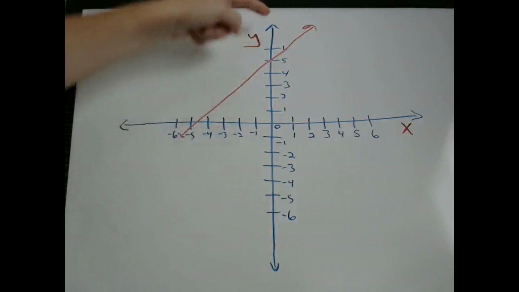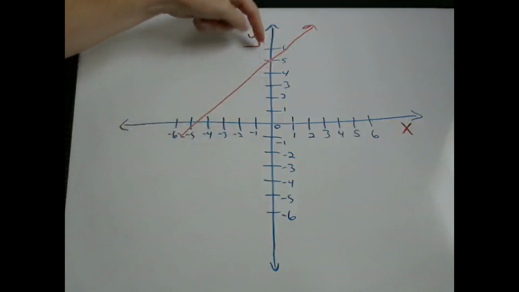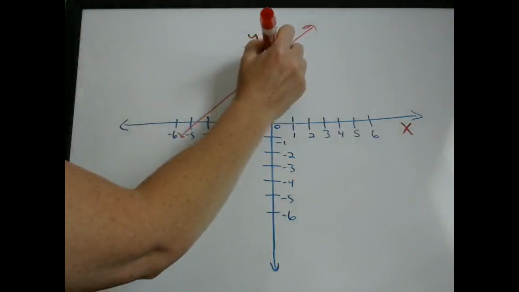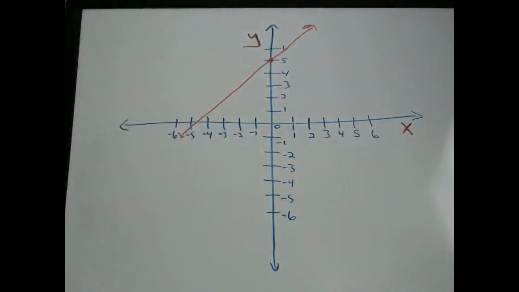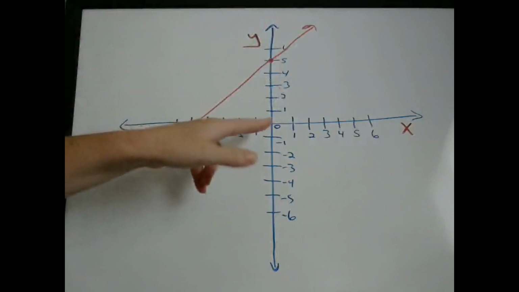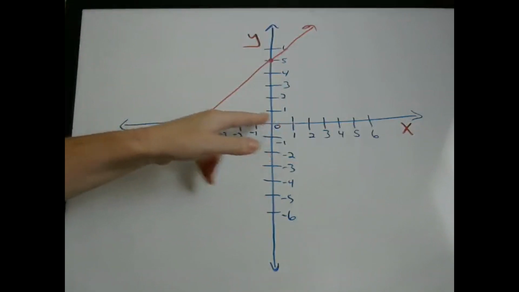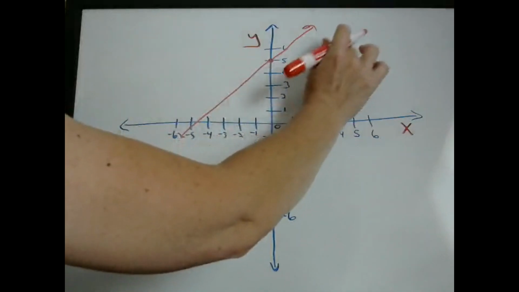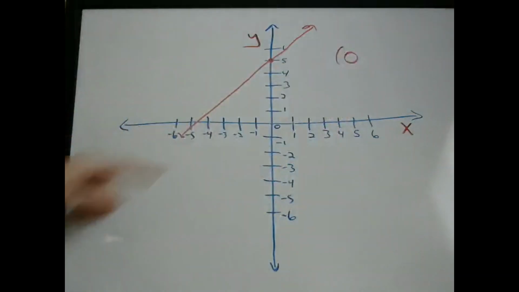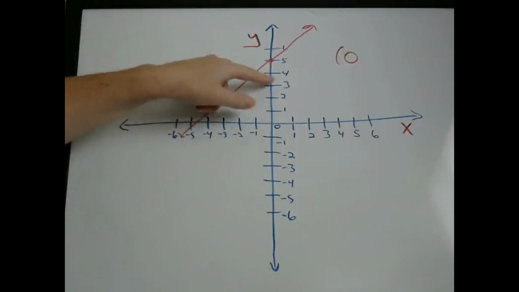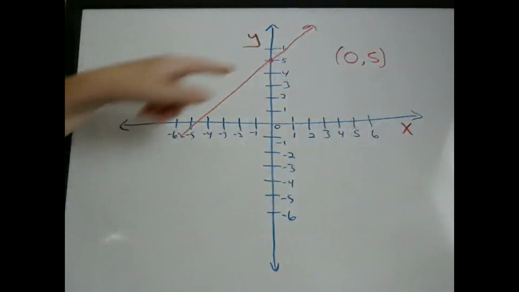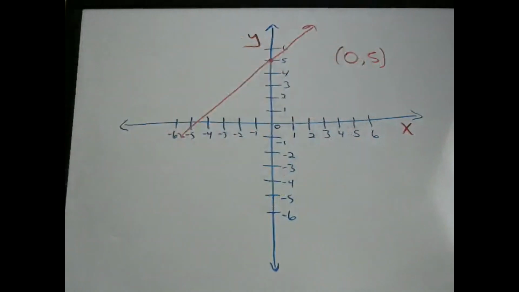So here you can see where this line crosses the y-axis is right here. And so what is the coordinate of that point? Well, since when you start at the origin, we're not going either way, left or right, your x component is going to be 0. And then y, 1, 2, 3, 4, 5, is your y component. So this point is 0, 5. That would be your y-intercept.